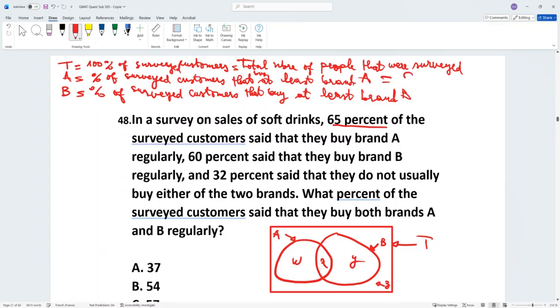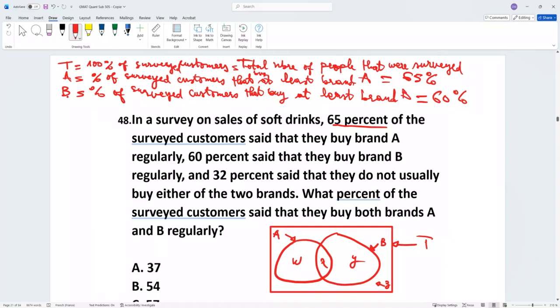So this is 65%, and this is 60% that say that they buy brand B regularly. So this is 60%, like this. Okay, so we still have some other variables that we need to identify.